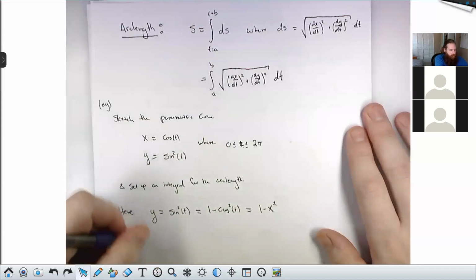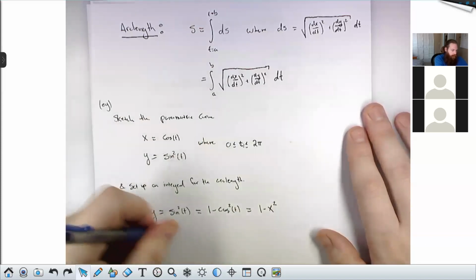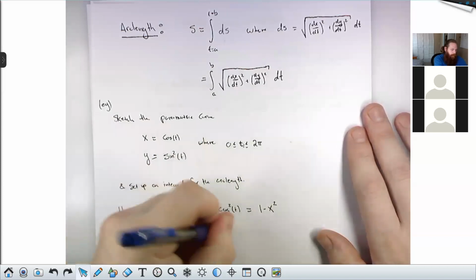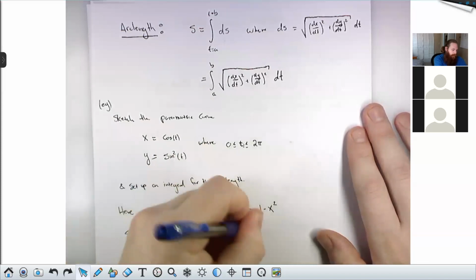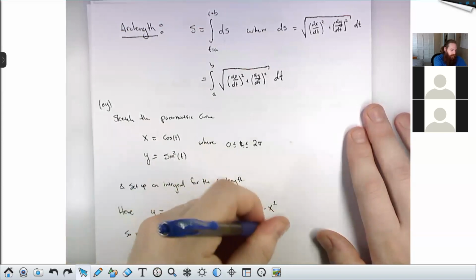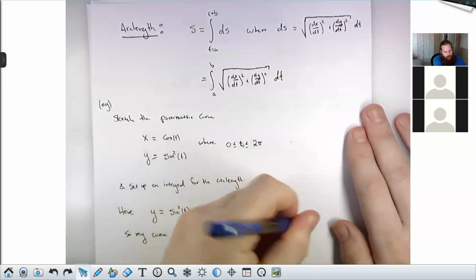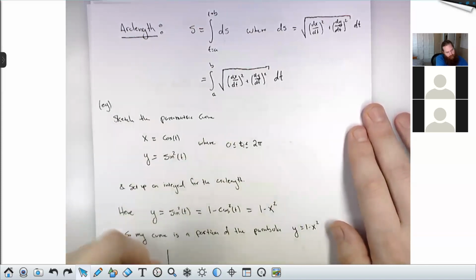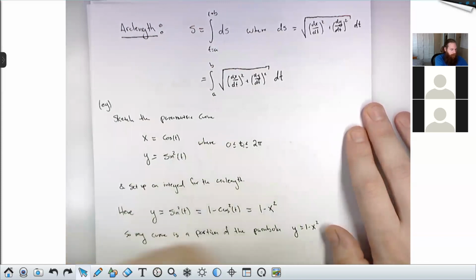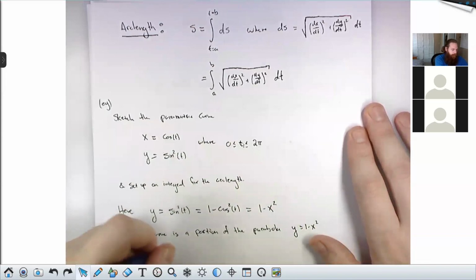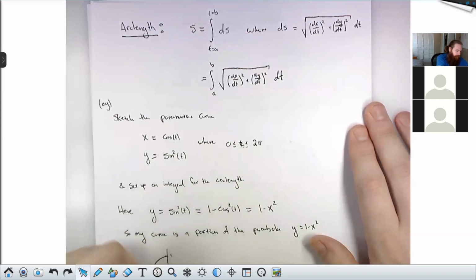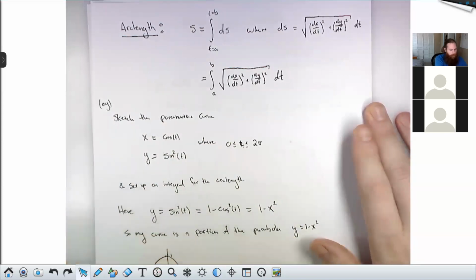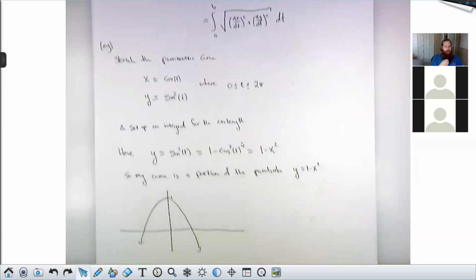So my curve is a portion of the parabola y equals 1 minus x squared. And I know what that looks like. One minus x squared, it looks like this.